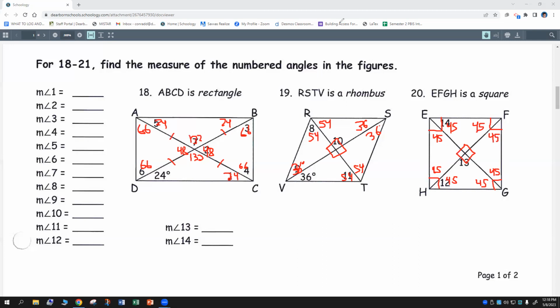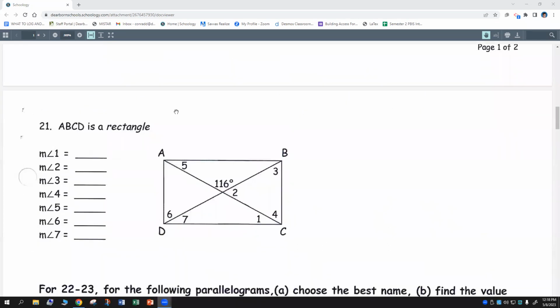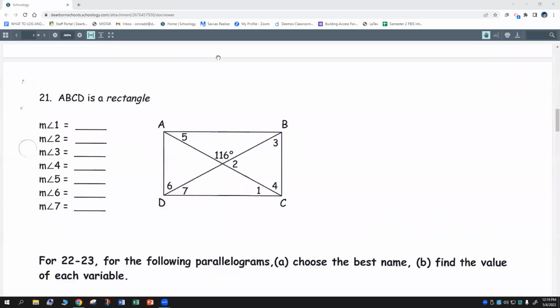All right, 21. Now the rectangle. So on this one, vertical angles are congruent, so we're going to do 116. Linear pairs add up to 180, so 180 minus 116 is 64. Okay, we know again that these four triangles are all isosceles, so the base angles of each triangle are congruent.